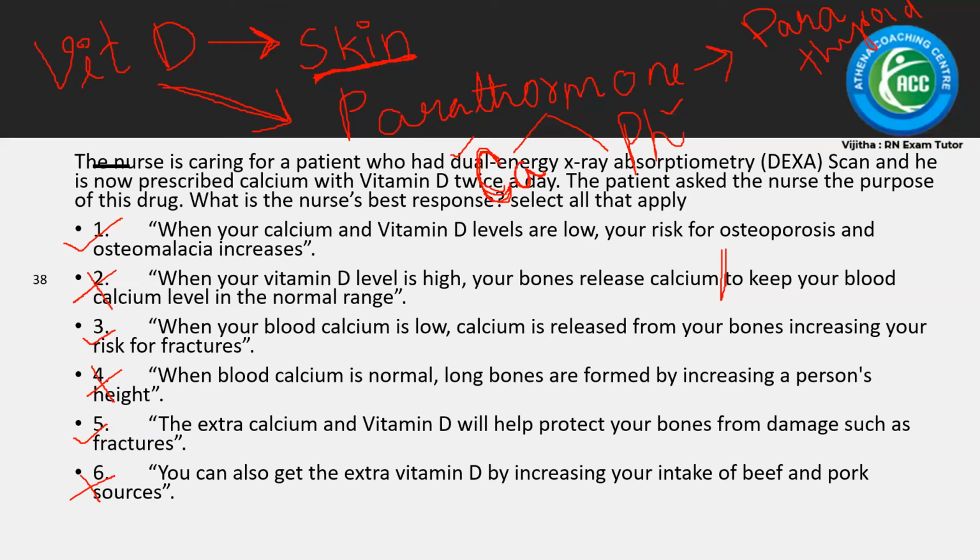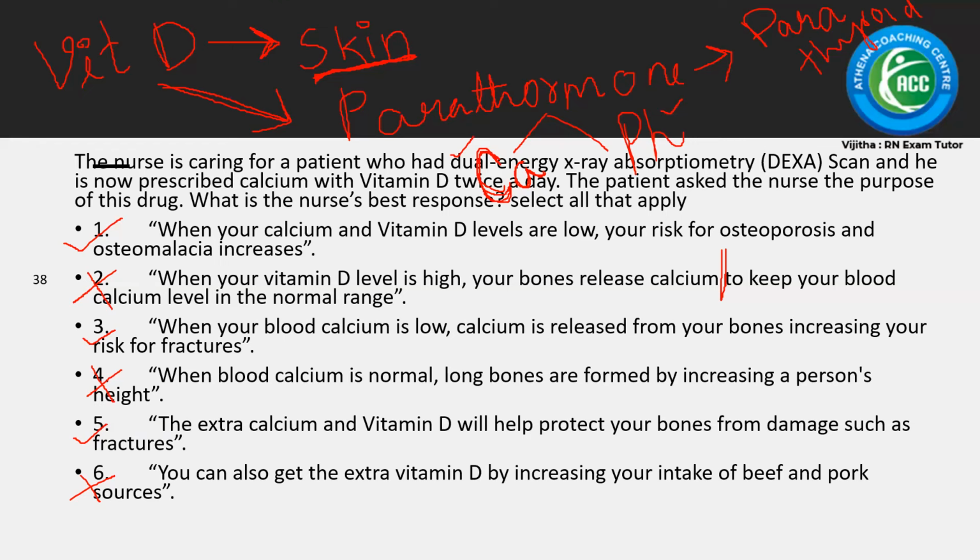Beef liver is also rich in vitamin D, but beef is not; beef has more iron. Mushroom is also rich in vitamin D. And fortified foods, with nutrients added to already processed food. So those kinds of food have a high amount of vitamin D. Anyway, mushroom is rich in vitamin D.